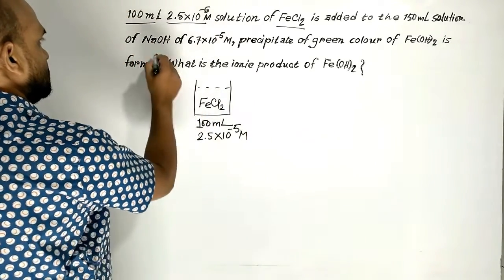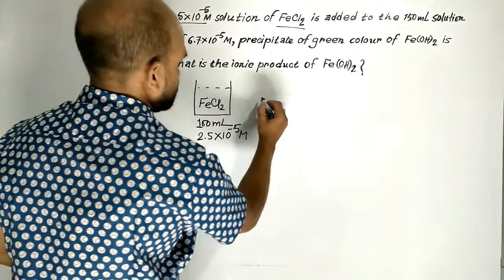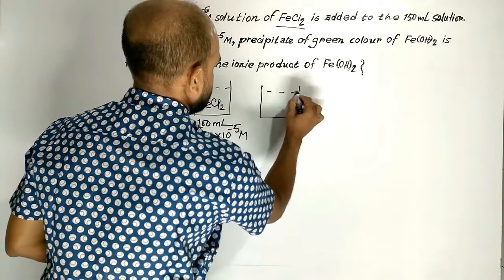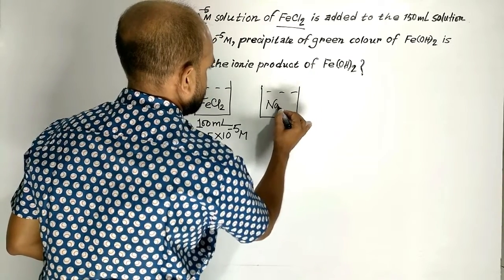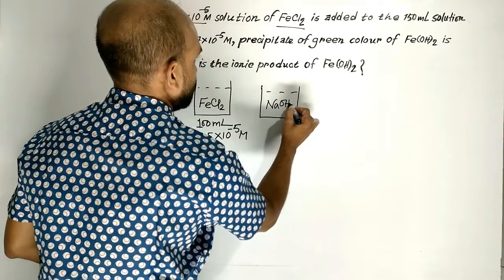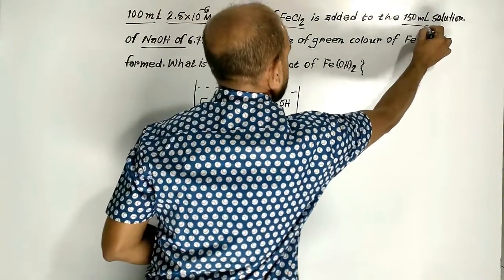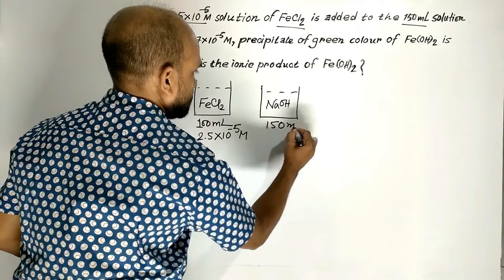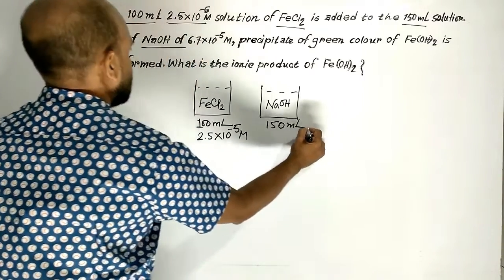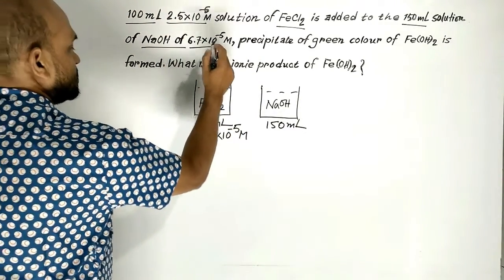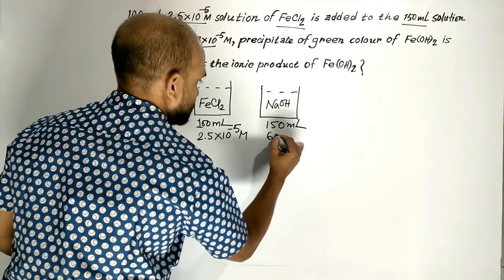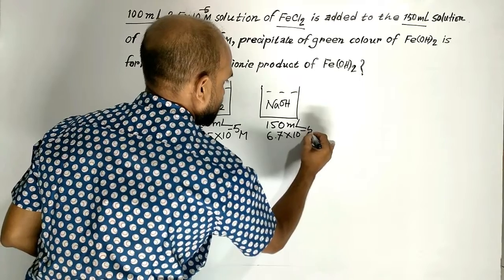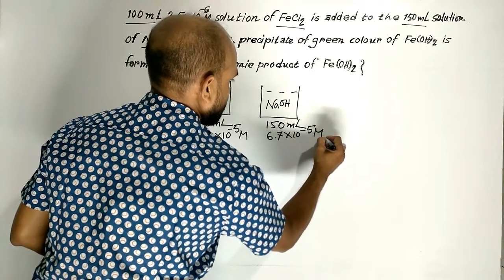Another solution of sodium hydroxide. Its volume is 150 milliliter. Strength of this solution is 6.7 times 10 to the power minus 5 molar.